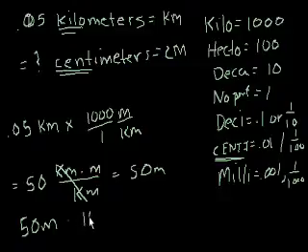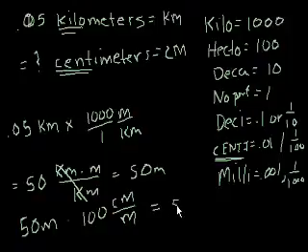So we say times 100 centimeters per meter, right? That just makes sense. There's 100 centimeters per meter. So 50 meters times 100 centimeters per meter is 50 times 100, which is 5,000. The meters cancel out, and you get centimeters. So 0.05 kilometers is equal to 5,000 centimeters.